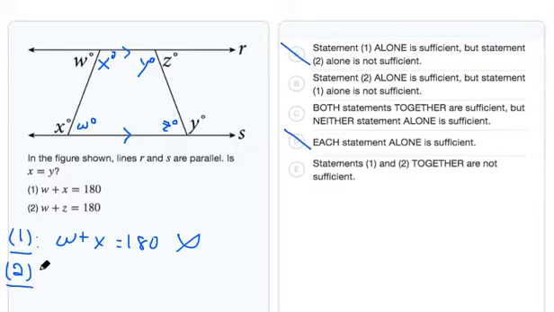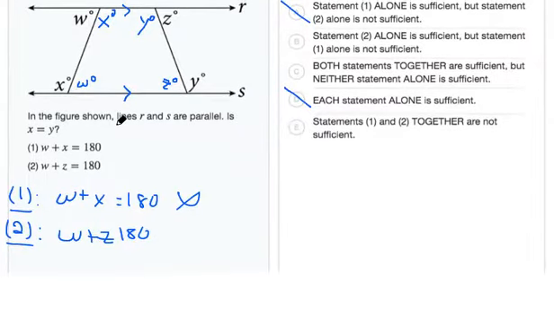So we'll need to consider statement 2. For statement 2, we're told that W plus Z equals 180. Now, we can take a look at the image and try to deduce some things to narrow down our variables and see if we can deduce anything given this statement. We can use this relationship, X plus W equals 180. I'm just going to scroll down a little bit so that we have some room.